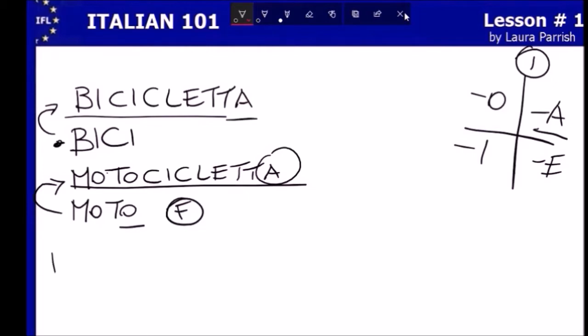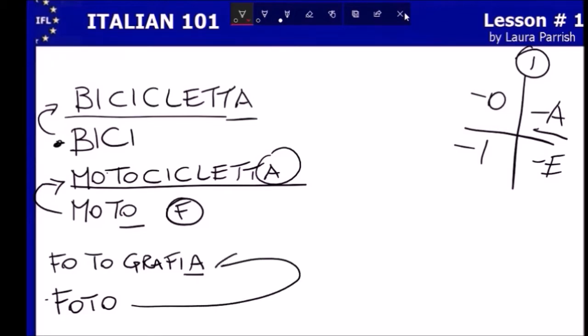Another one that I can think of is fotografia, and the abbreviation is foto. Fotografia ends in a, so it's feminine singular. The abbreviation foto is feminine singular too because it comes from fotografia. It's pictures, like take a picture with your camera. It's called foto, but it's feminine singular. Why? Because it's the abbreviation of the other word.